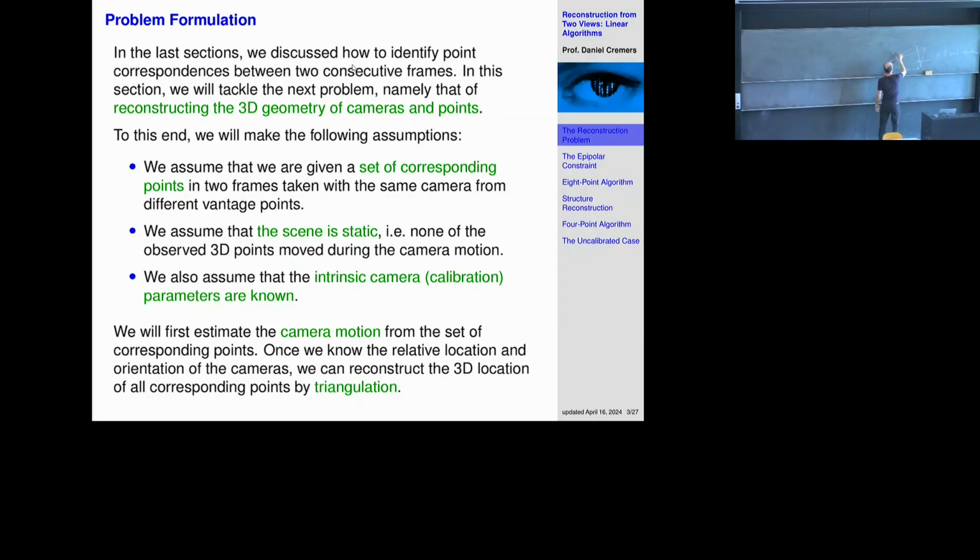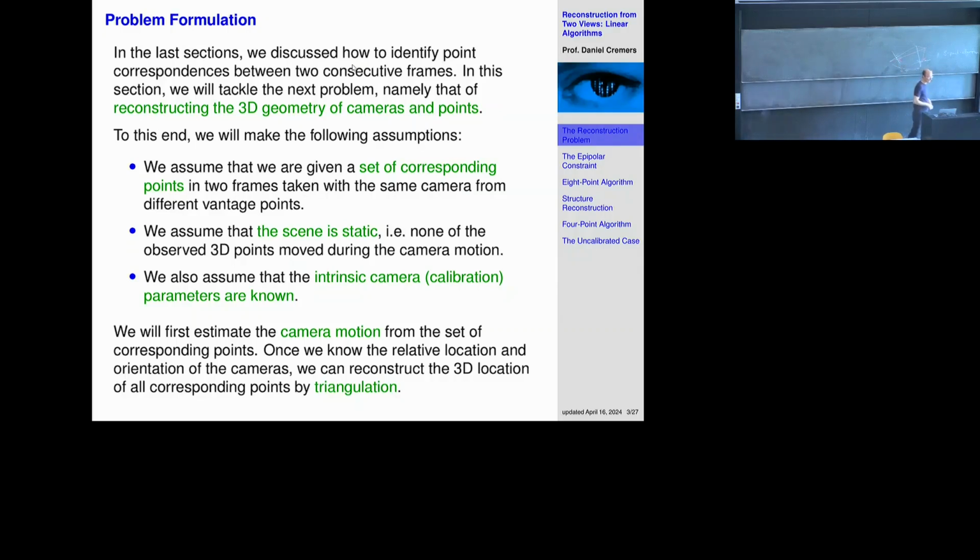We can give indices j for this one, and this could be, I'll write it in red, the coordinate in the first image of point j, and here's the coordinate in the second image of point j, and we have all these 2D coordinates of corresponding points in the two images.